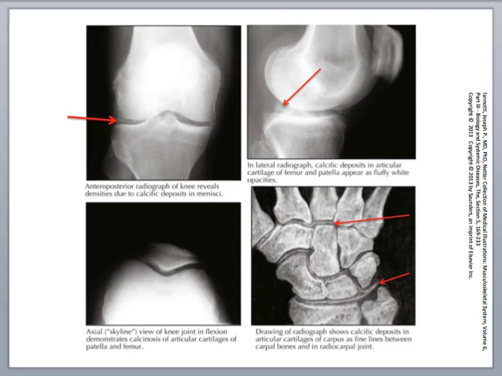The top two images of knee radiographs again demonstrate crystal deposition in menisci, and notably the image at the lower right shows extensive crystal deposition between the joints of the hand, demonstrated by these bright linear lines in the joint spaces.